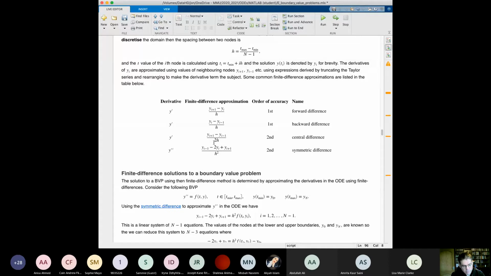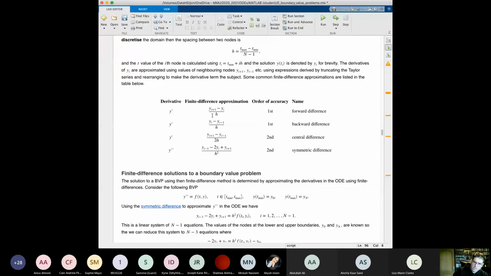Notice that in the notes this denominator was h; it should be 2h. That's a second order accurate approximation of a first order derivative. If we want to approximate a second order derivative, we have what's called a symmetric difference. You can look these up in reference works.